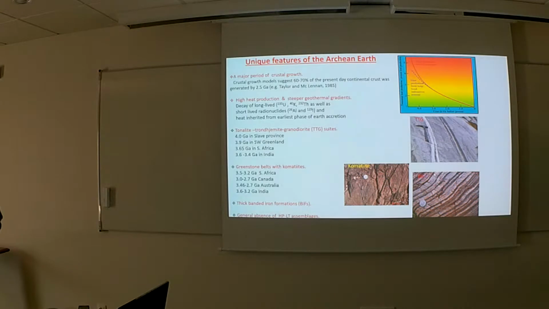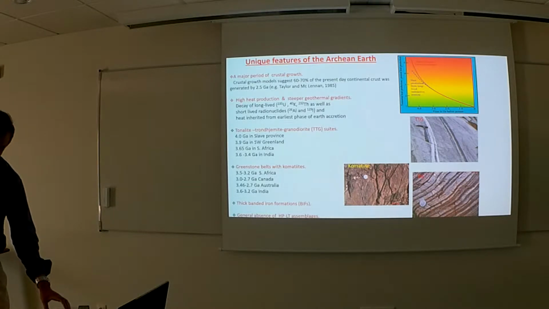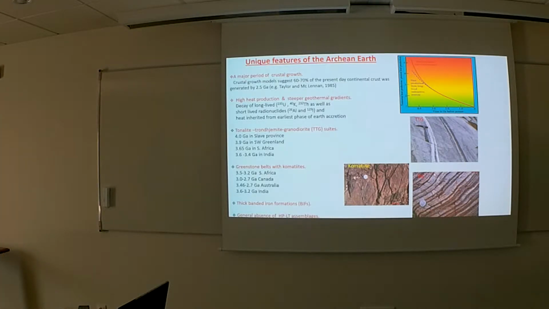Now, coming to the unique features of the Archean crust, compared to the modern Earth, the Phanerozoic Earth. Archean is a major period of crust growth. Most of the crust growth models that have been presented indicate that about 60 to 70% of the present-day preserved continental crust formed in the Archean. The Archean is also characterized by high heat production and higher geothermal gradients.